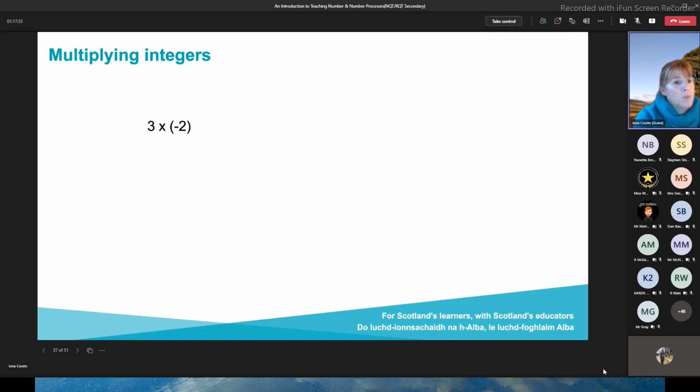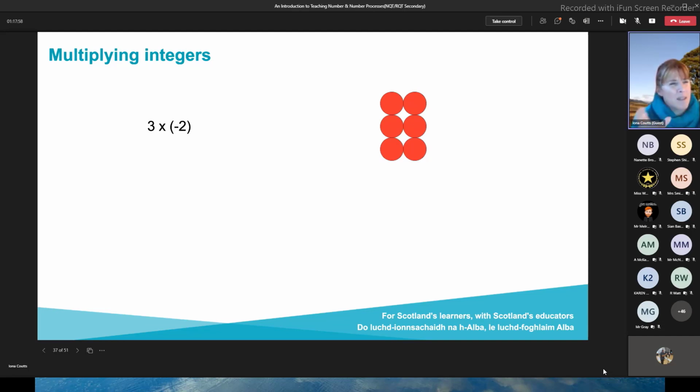And as we're introducing this, it'd be really good to go back to the understanding and visual representations that they did when they first learned about multiplication, which is likely to have been arrays. So if we want to represent that 3 multiplied by -2 array, we can do it like this. We've got three groups of -2 there, 3 rows of -2.